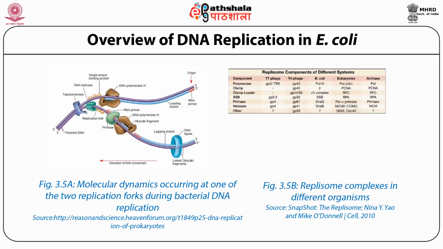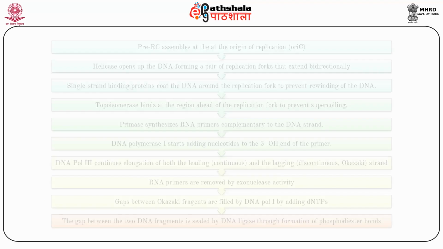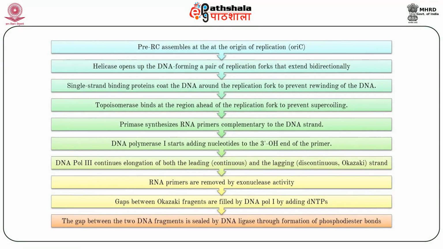In case of E. coli, which is a model organism for prokaryotic replication, the replisome includes DNA pol 3, clamp protein beta, the clamp loader gamma and tau complex, a single strand binding complex, a DnaG protein, and a helicase DnaB. Let's understand the stepwise events that occur during the replication mechanism in prokaryotes.